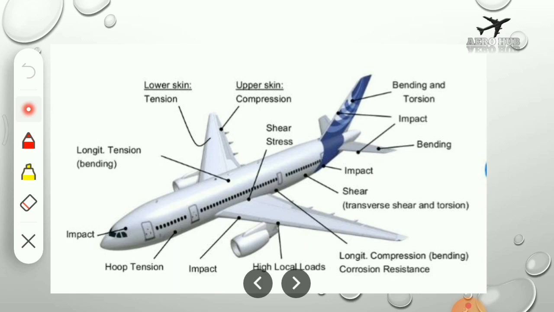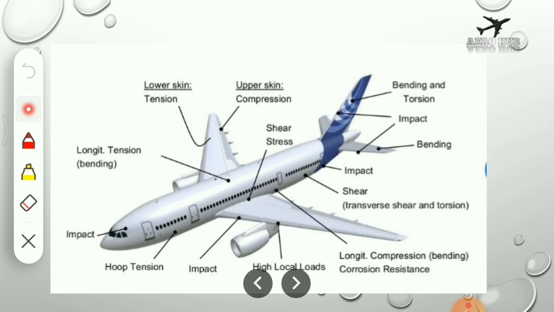So the basic types of stresses acting on airframe structures are tension, compression, their combination which is bending, then shear, and torsion. We also have fatigue and impact loads. The impact load will affect the nose part, the horizontal tail, vertical tail, and the rear part of the fuselage.